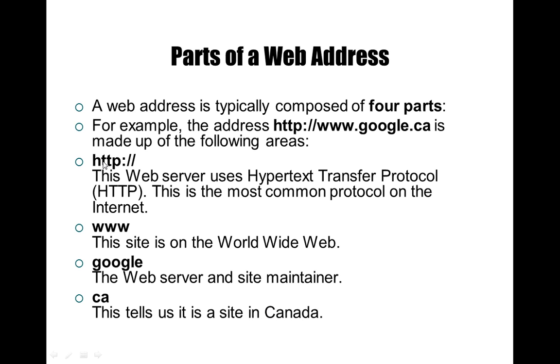These are the four parts used for identifying different web addresses, and this is the syntax for a web address: first HTTP, then www, then the web server, and then the site or area.